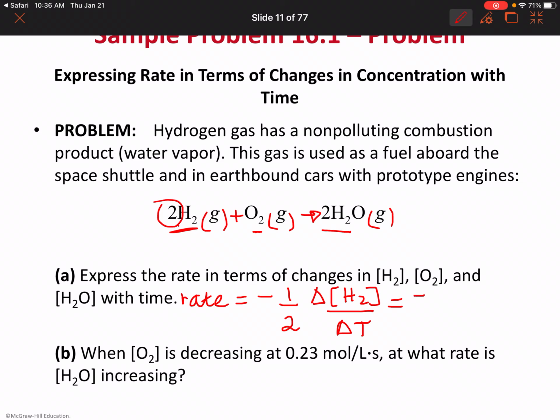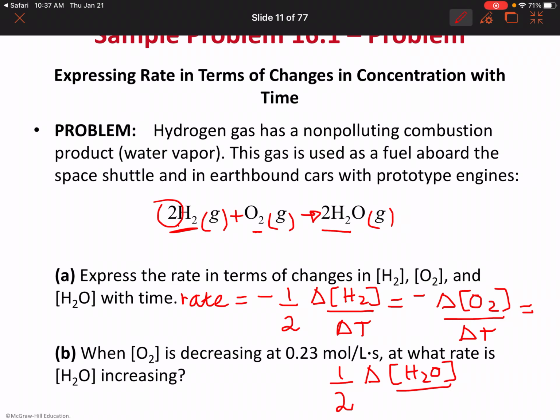Again, since oxygen is a reactant, negative delta O2 over delta T equals, and then the water molecule. Water is your product, so that's going to be positive in terms of rate. And we have a coefficient 2, 1 over 2 delta concentration of water over delta T. So that is how you express the rate in terms of changes in hydrogen, oxygen and water with time.